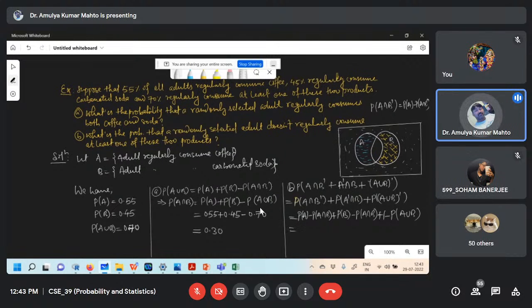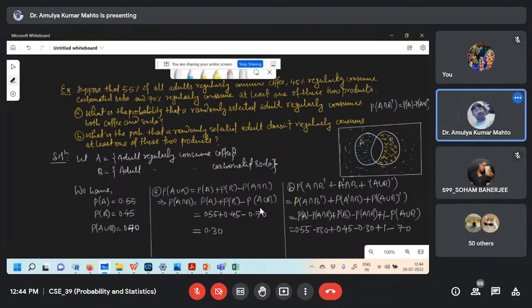What is probability of A? This is 0.55 minus probability of A intersection B, which is 0.30, plus probability of B, which is 0.45 minus probability of A intersection B, 0.30, plus 1 minus A union B, which is 0.70.